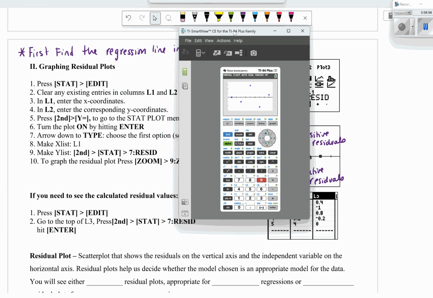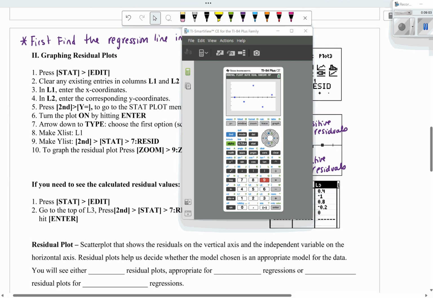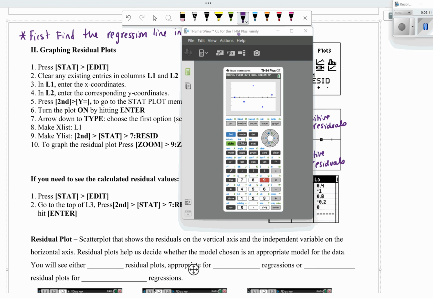So why do we actually want to look at the residual plot? A residual plot is a scatter plot that shows the residuals on the vertical axis and the independent variable on the horizontal axis. The residual plots help us decide whether the model chosen is an appropriate model for the data.